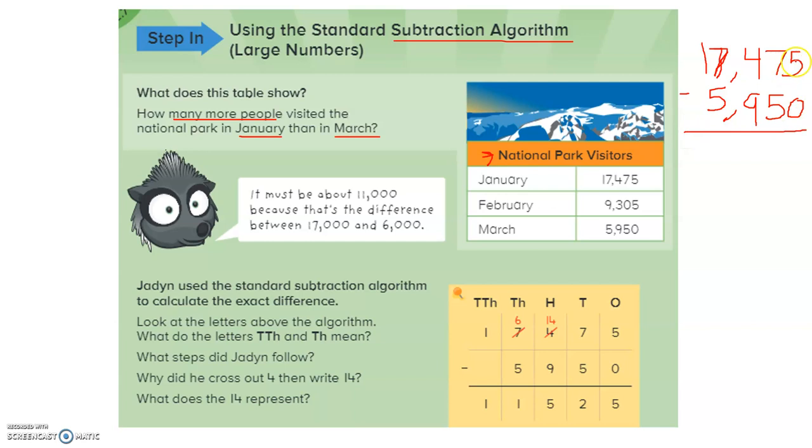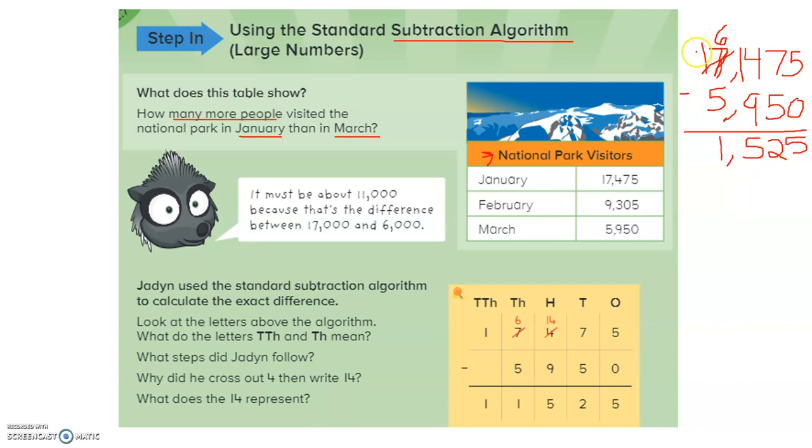So subtract it. 5 minus 0 is 5. 7 minus 5 is 2. 4 minus 9, we cannot do that, so we have to borrow. 7 becomes a 6, and the 4 becomes a 14. Now 14 minus 9 is 5. 6 minus 5 is 1.